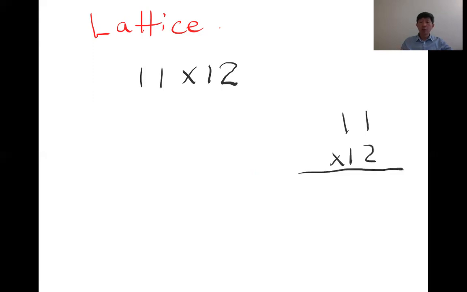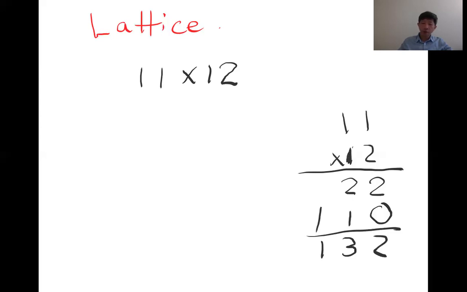We have 2 times 1, which gives 2, and 2 times 10, which gives 20, so we get 22. Then 10 times 1 is 10, and 10 times 10 is 100, so we get 110, putting a 0 there.